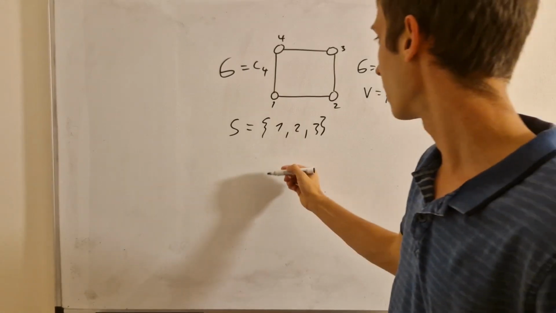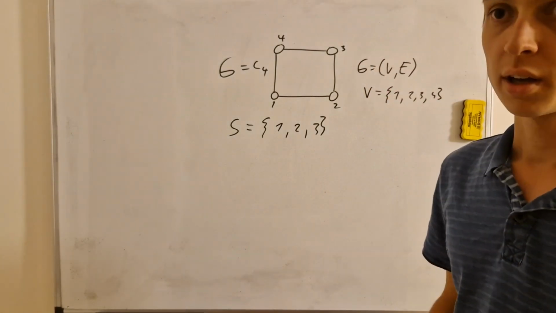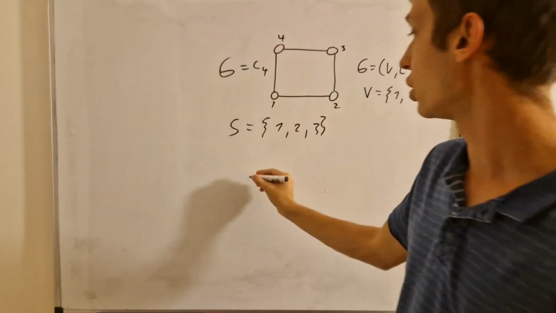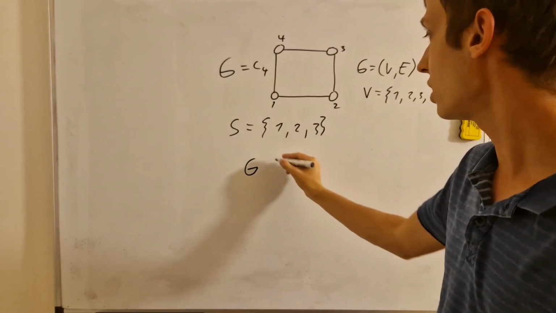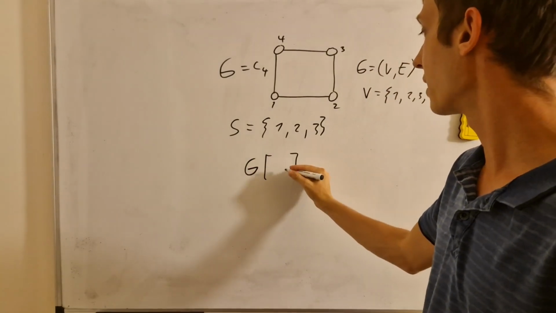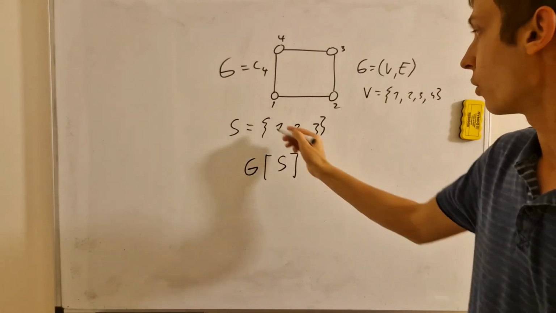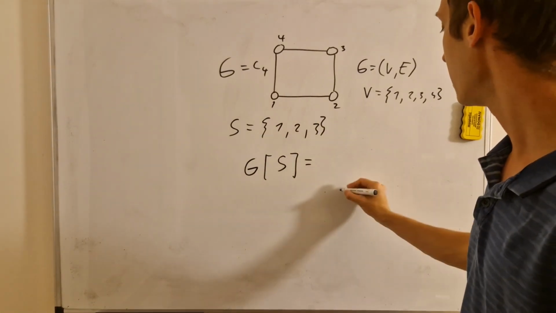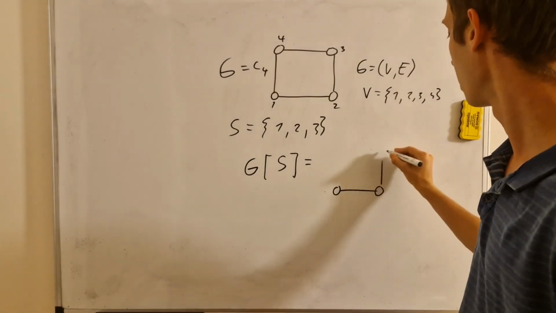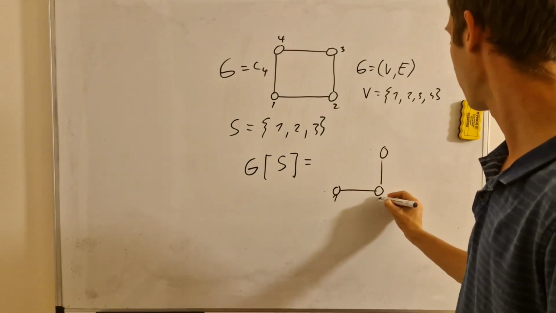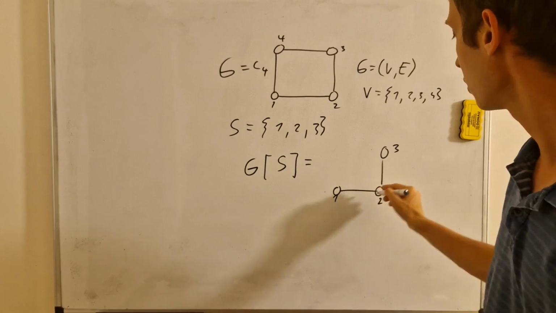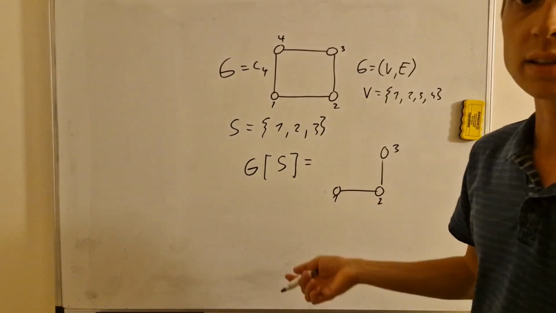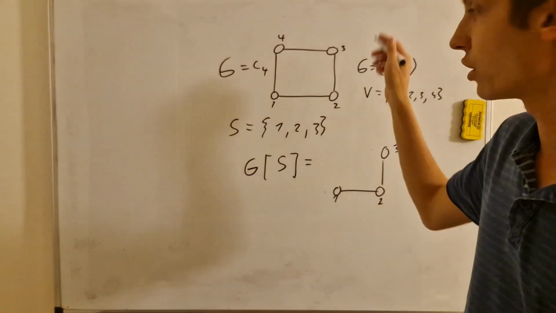The induced subgraph, induced by S on G, is denoted G, then these brackets, and the set which induces it, here these 3. It will look like this: the 3 vertices 1, 2, 3 are chosen, and then we take all the edges that connect them.